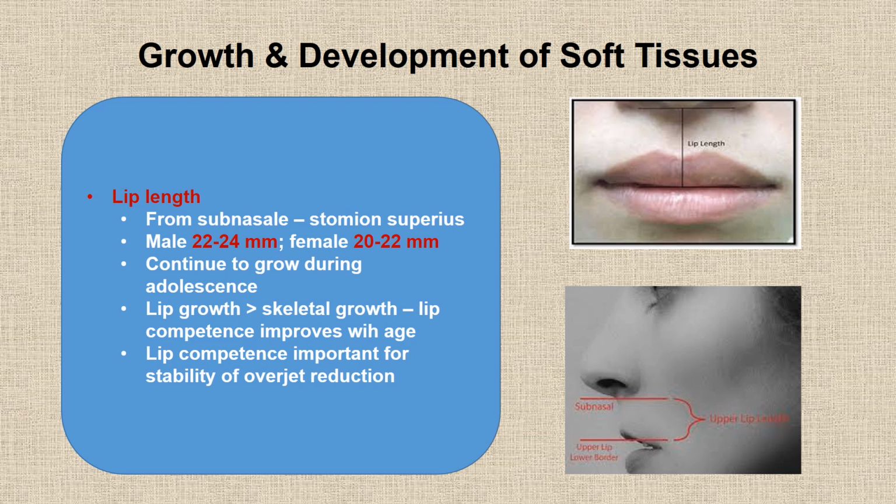In females, it is about 20 to 22 millimeters. The lip length continues to grow during adolescence, and the growth in lip length is more than the skeletal growth. Thereby, lip competence tends to improve with age. Lip competence is important for the stability of any overjet reduction.